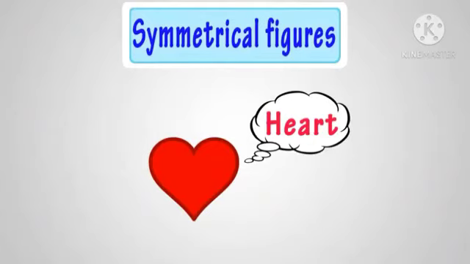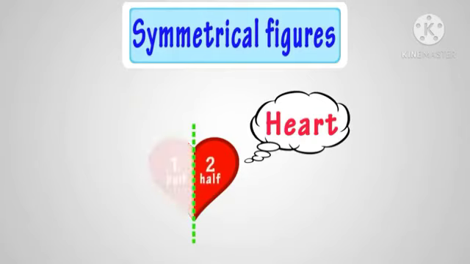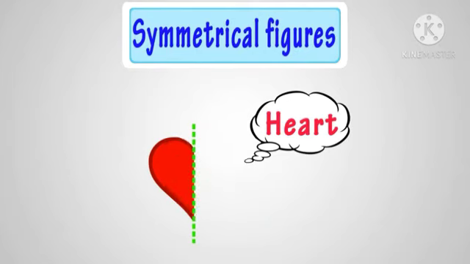Symmetrical figures. Can you fold it exactly halfway? That is, two halves are exactly similar. The one half completely covers the other half. Let us try here. We are folding it. Yes, it completely covers the other half.